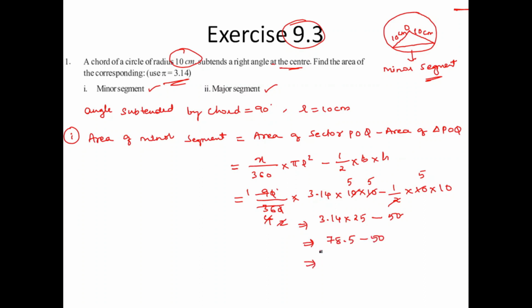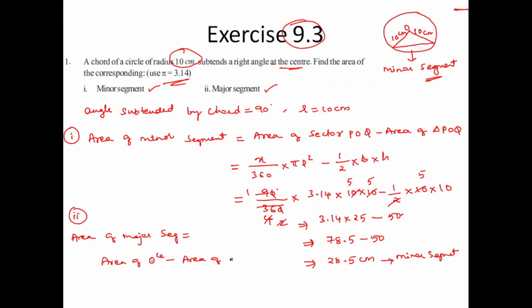If I subtract this, we get the area of the minor segment. So let us look at the second bit. The second bit is we need to find the area of the major segment. The major segment is equal to the area of the circle minus the area of the minor segment. So this is clear.